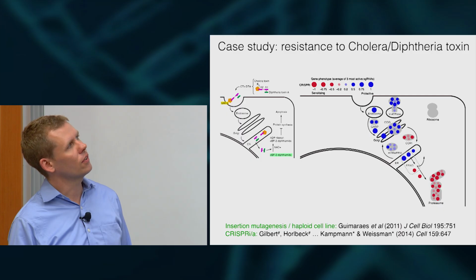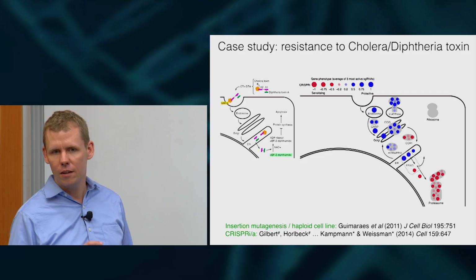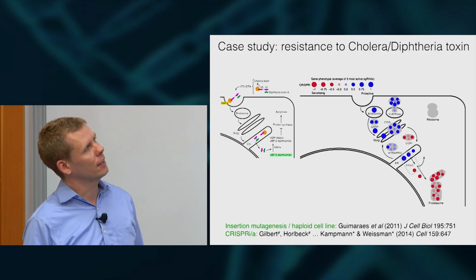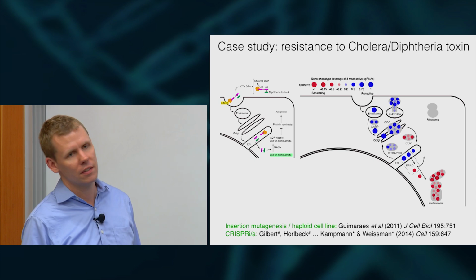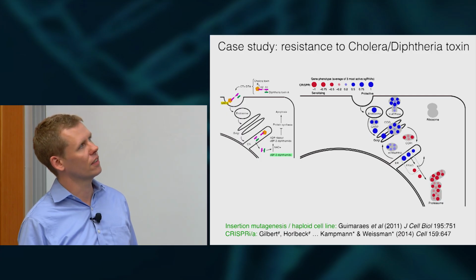As soon as you cross the ER membrane using some of these ERAD factors, the rest of the ERAD pathway actually has the opposite phenotype. It becomes sensitizing when knocked down. And that makes sense because the ERAD pathway normally leads to degradation, so presumably part of the toxin is degraded. When you knock down this degradative part in the cytosol, you in fact increase the amount of toxin in cells and sensitize them.